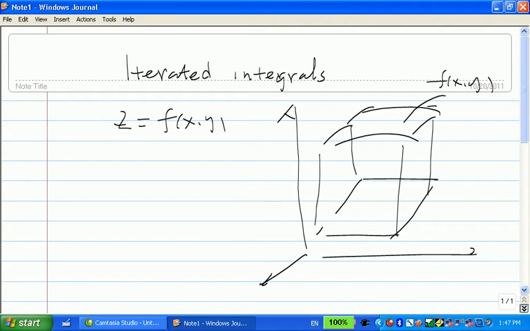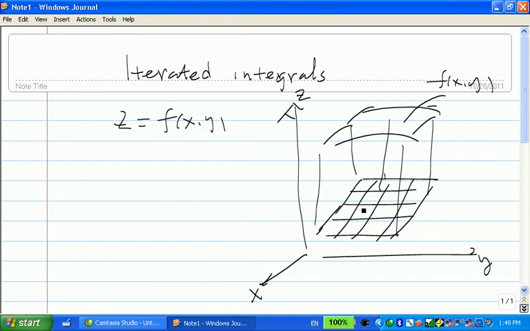So first ask yourself, what kind of volume can we find, for what kind of object in three-dimensional space. We do know how to find volume for a rectangular box. However, this volume is not a rectangular box. So what we need to do is break our domain into many small rectangles.